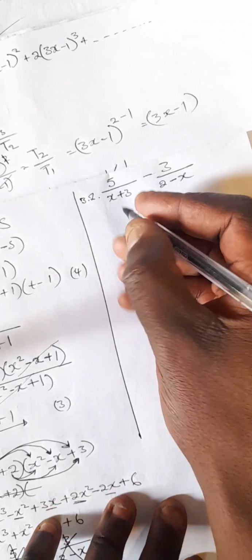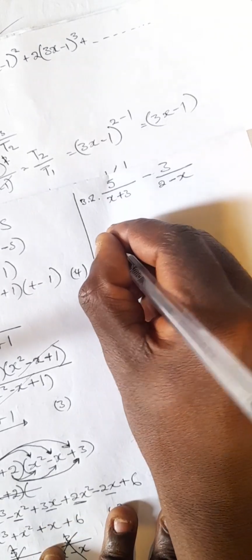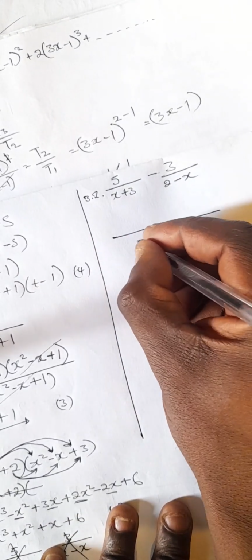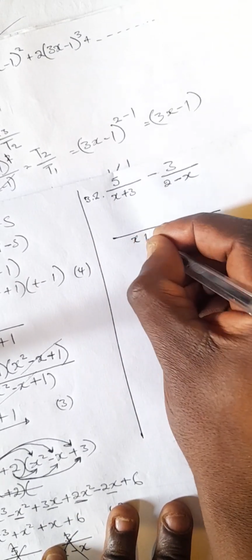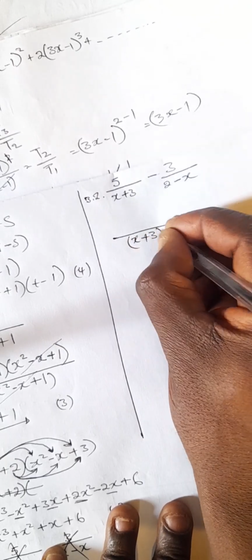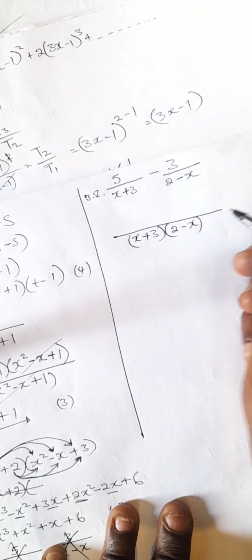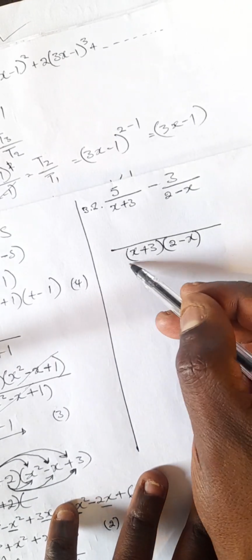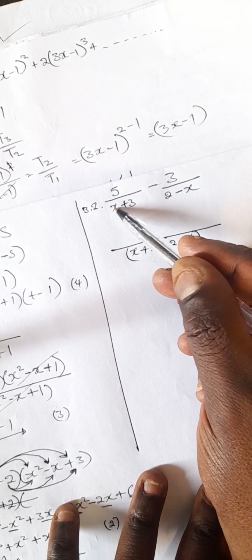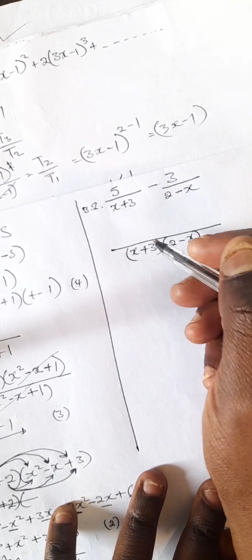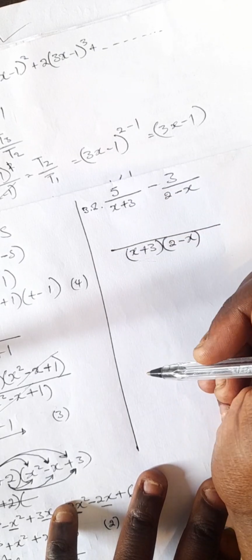Okay, our LCD, you'll say x plus 3, 2 minus x. So this whole expression divided by x plus 3. So x plus 3 will cancel out.